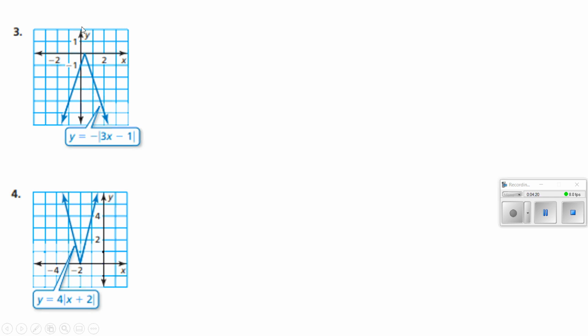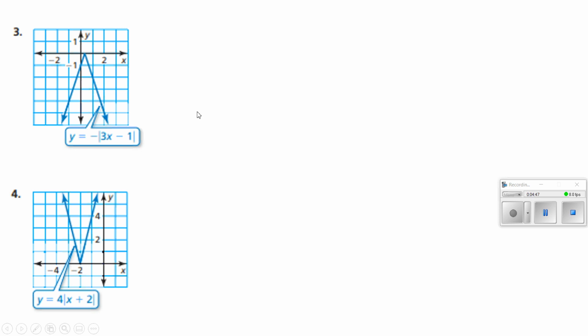For it to go up 3 and over 1, it means that when I've only gone over 1, it's only gone up a third. So when x is less than 1/3, it's going to be negative, and also when x is greater than 1/3, but not at 1/3. Remember, 1/3 would be excluded as one of the possible answers.